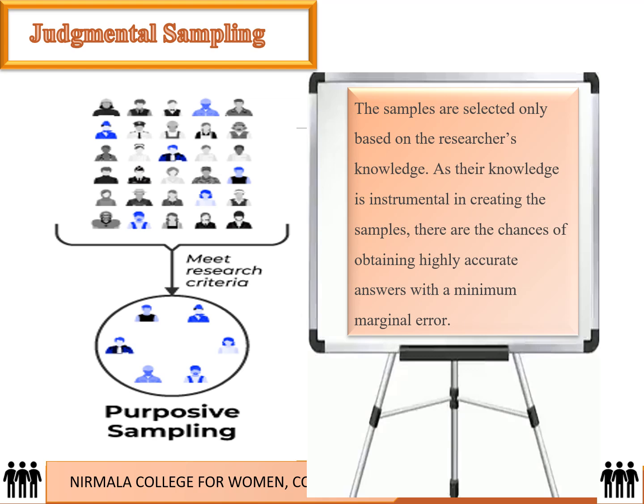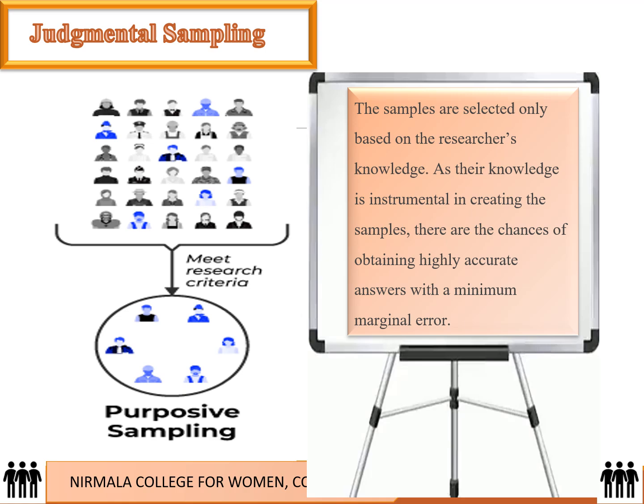I will give one example. If the researcher is willing to collect data from entrepreneurs, the researcher can use judgmental sampling, picking the right person who is an entrepreneur in the entire population. So here there will be very minimum chances of marginal error, right?